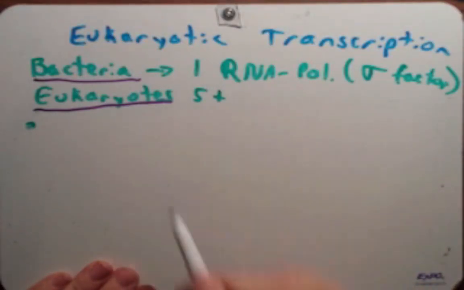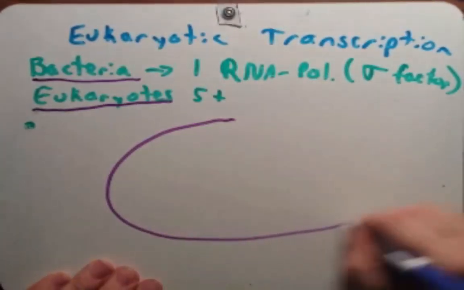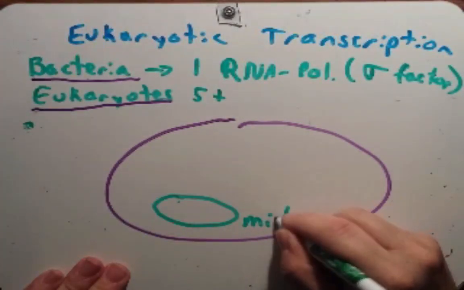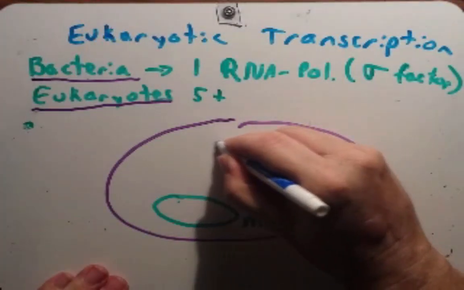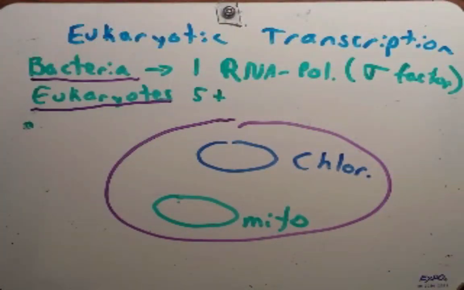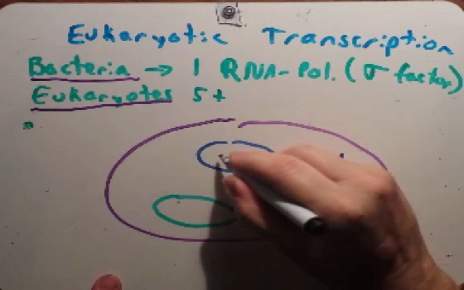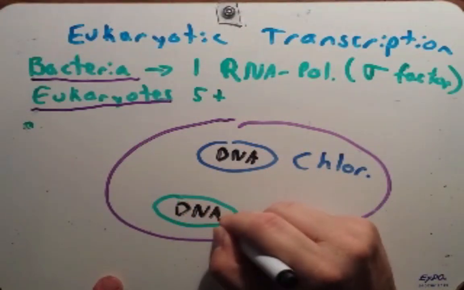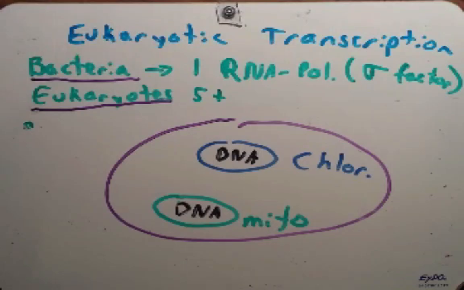And the reason I say 5 plus is because eukaryotic cells contain mitochondria, and they contain chloroplasts. Each of these contain their own DNA. Not surprisingly, they have their own RNA polymerases. They don't use the ones we just spoke about.